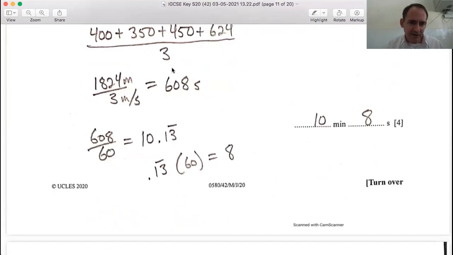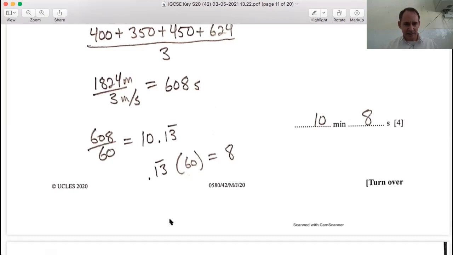So we're going to take our 608 and divide it by 60 seconds in a minute, and we end up with 10.13 minutes. So 10 is the whole number. That's our number of minutes. The 0.13 is 0.13 minute. So 1 minute has 60 seconds. So 0.13, it's actually 0.13 repeating.